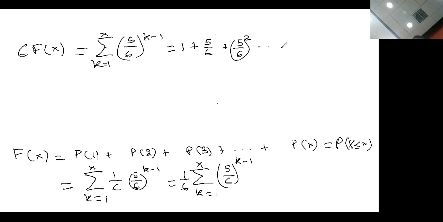We will go like that until k equals x. When k equals x, do we see what we get? It is just the general term when k equals x. We remove k and put x.